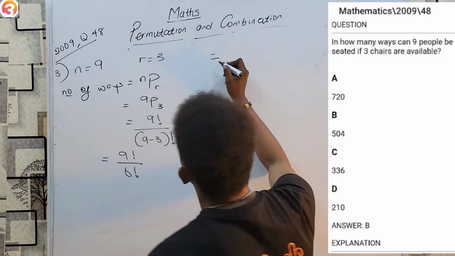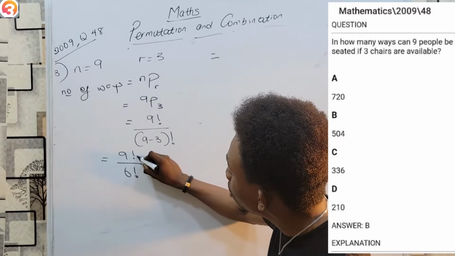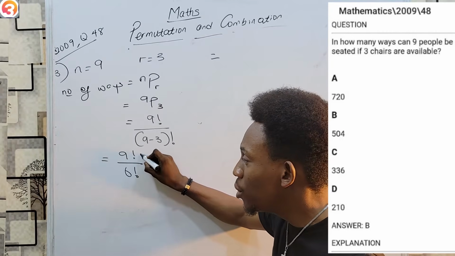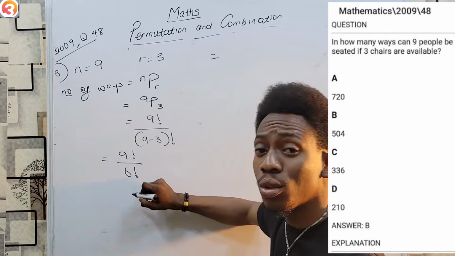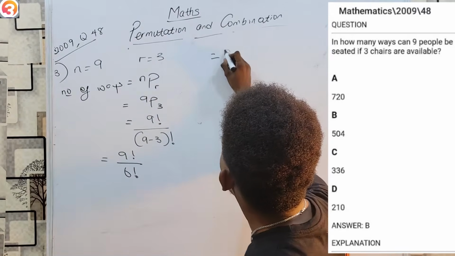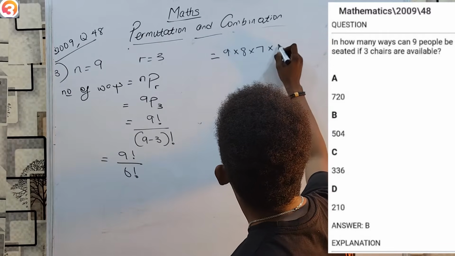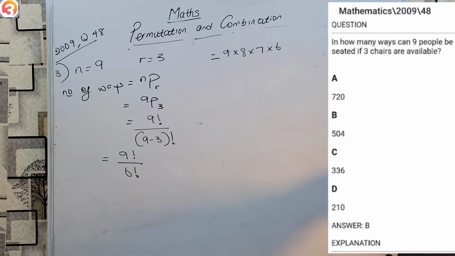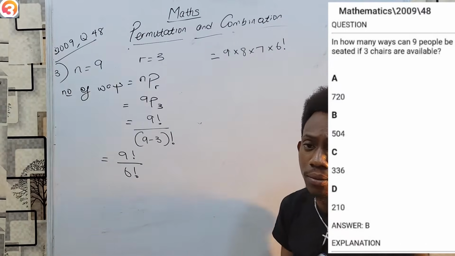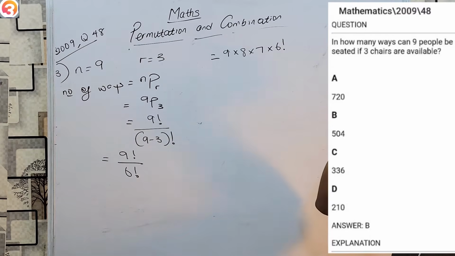And we have a simple way of expanding. What do I mean? We'll expand this numerator until we get to the denominator, rather than expanding it completely. Because this will give me 9 times 8 times 7. Instead of going to 6, 5, 4, 3, 2, 1, I just stop and say 6 factorial, because I know that 6 factorial will still be 6 times 5 times 4 all the way to the end.